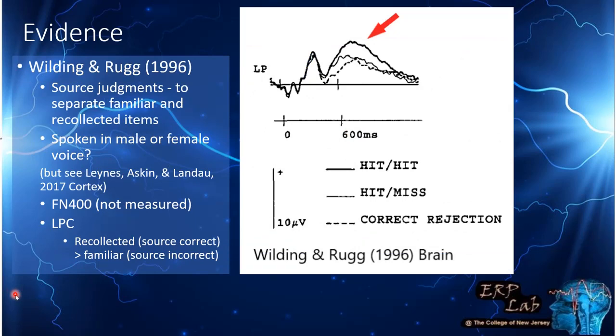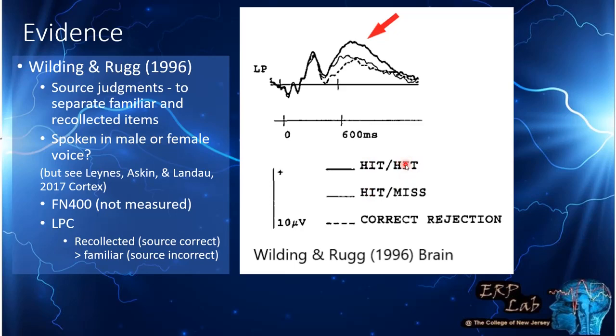Wilding and Rugg also did a more objective measure separating recollection and familiarity. What they did is had two lists of words, in a male or female voice, and they asked people to report not only whether it was old or new, but which voice said it. As you can see over here, the first hit indicator tells whether or not the subject got the item right in terms of the old, new, or recognition judgment. The second one refers to whether or not they got the source correct.